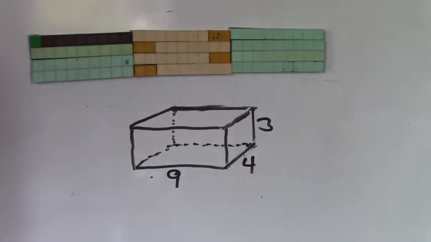Right now we're just fooling around with volume. We'll get to surface area in just a second. So what was our volume on this thing? Our volume was 108, right? Now, what's the area of one side? Oh, I see how it's 108. That's the volume.